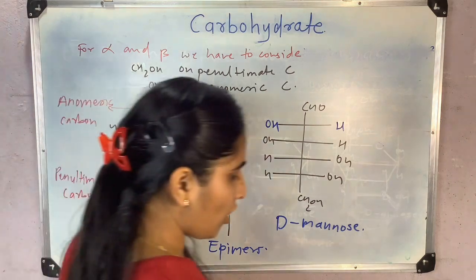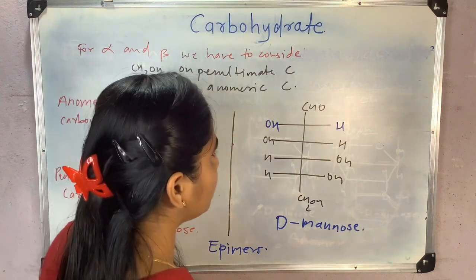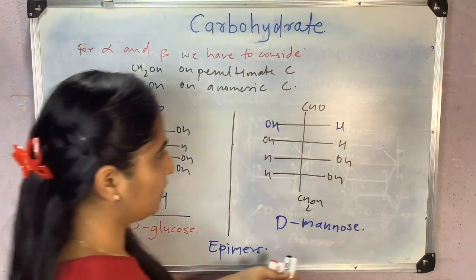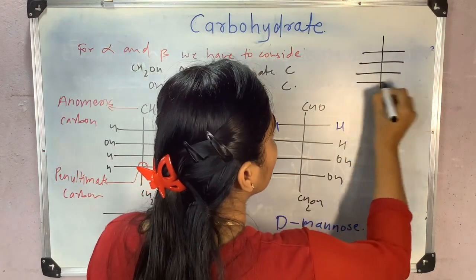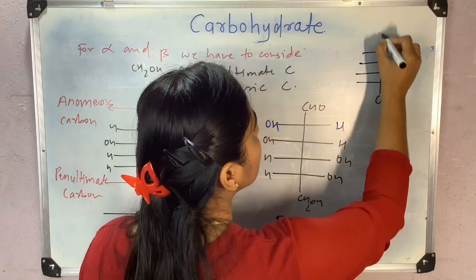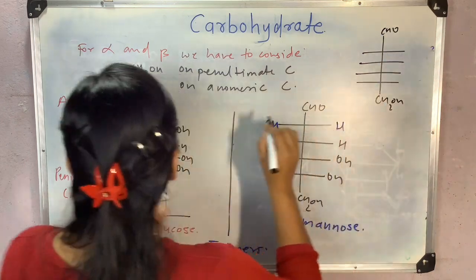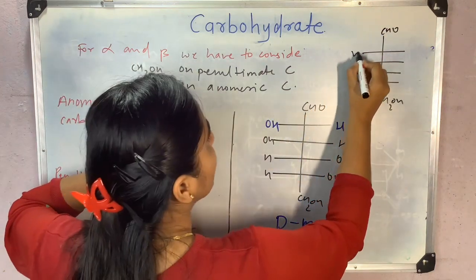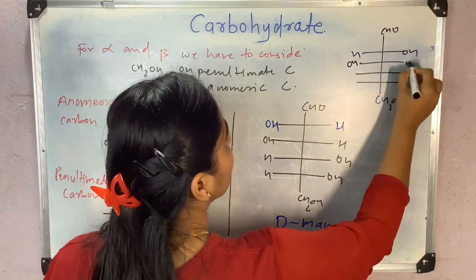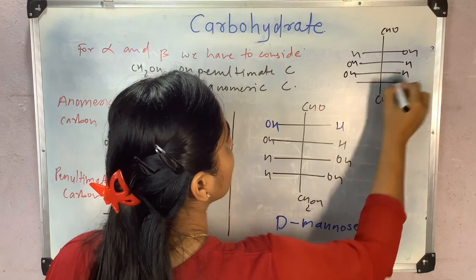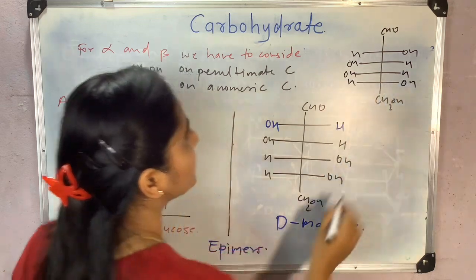Now we can draw one more molecule here, CH2OH, CHO, H, OH, OH, H, OH, H, OH.